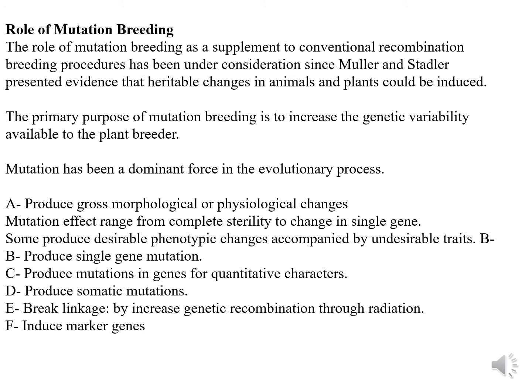Why do we do all of these things? First of all, if we have the variation that we are looking for in our cultivated crops, we will not do any mutation. But mutation has different uses in plant breeding other than producing variation.